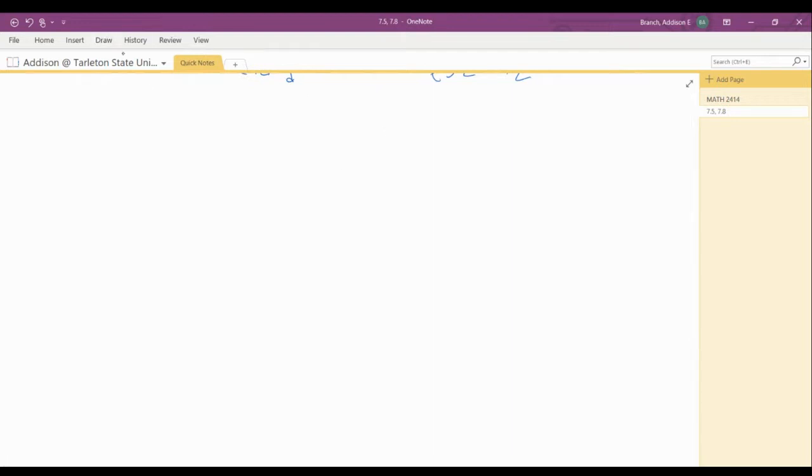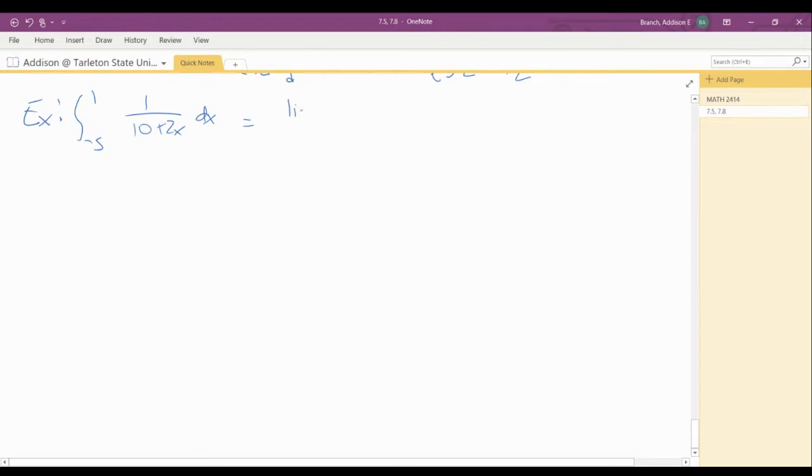All right, so for this first example, we are going to integrate from -5 to 1 of 1 over 10 plus 2x. So our first step would be to go ahead and rewrite this in terms of our limit.